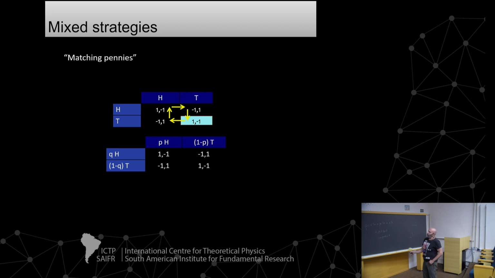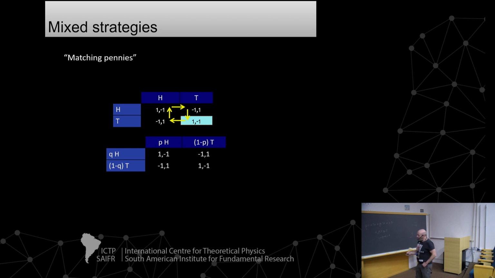The payoff is the same. The payoff of head against head is 1, -1. The payoff of tail against head is -1, 1. So I'm not changing the payoff matrix. What I'm saying is that maybe instead of choosing only one strategy, there is a possibility of choosing a mixed strategy, a combination of both.